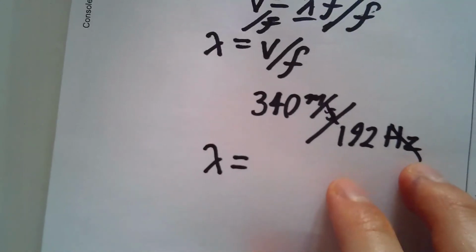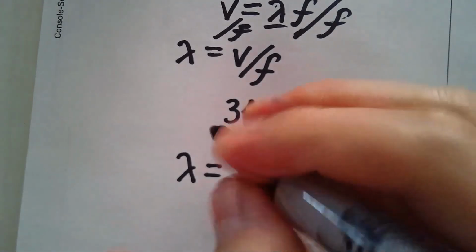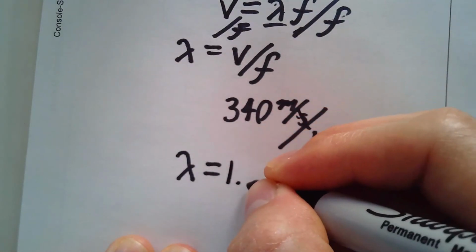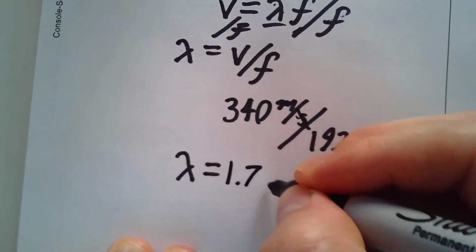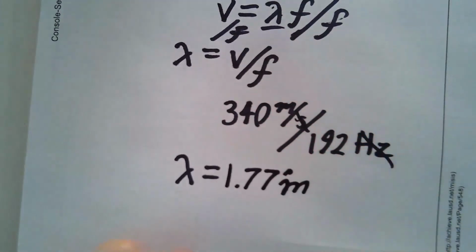Now I'm going to just use a calculator. 340 divided by 192 is 1.77 meters.